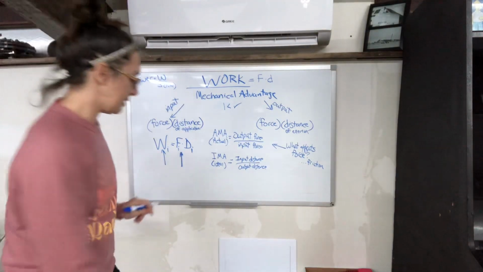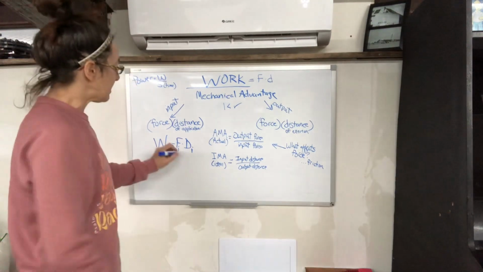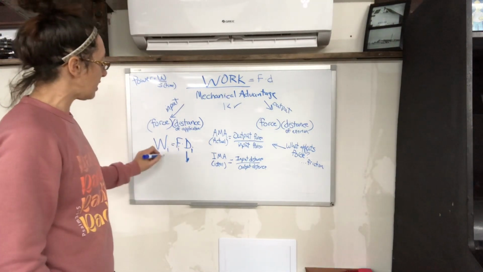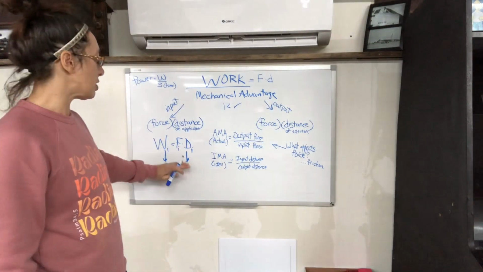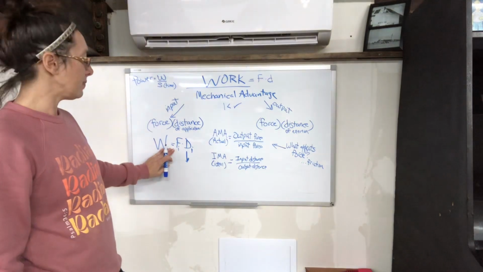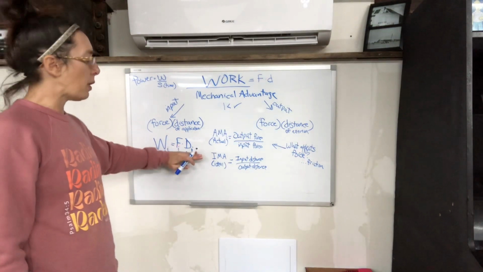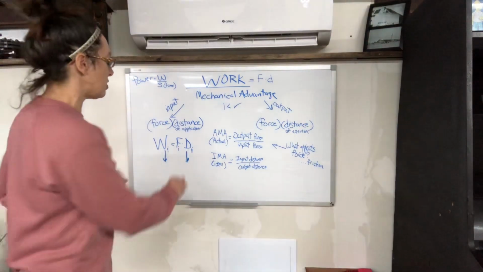If our force stays the same and our distance decreases, then our work must decrease. These are direct relationships. They're on opposite sides of the equal sign, and they are both in the numerator of your equation. So they are a direct relationship.